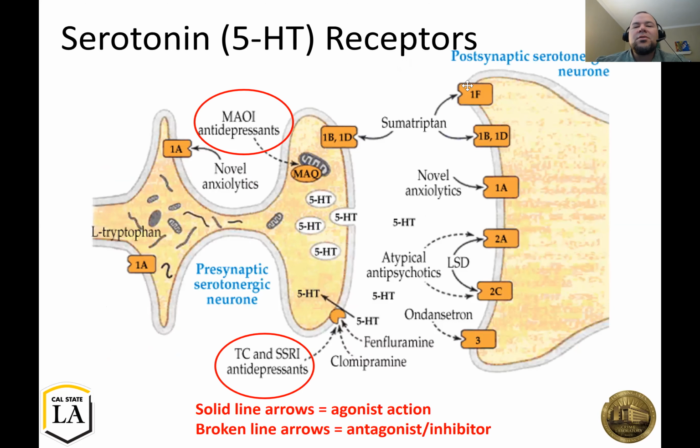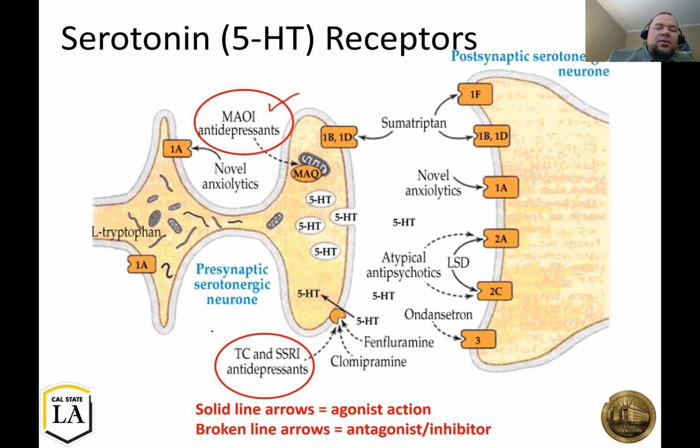Okay, so serotonin receptors. I had this slide the other day: the solid lines are agonist action and the broken arrow lines are antagonist or inhibitor actions. And what you'll see here is the MAOI antidepressants block MAO activity, and we just described that, okay?